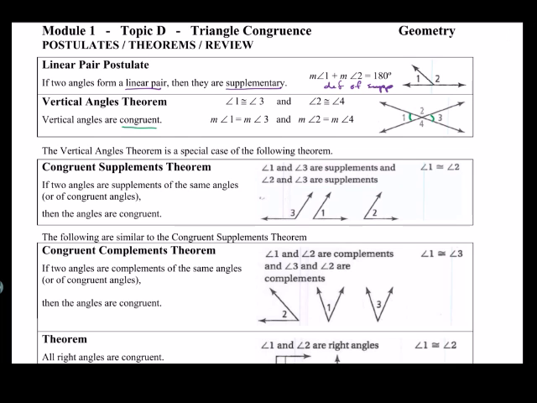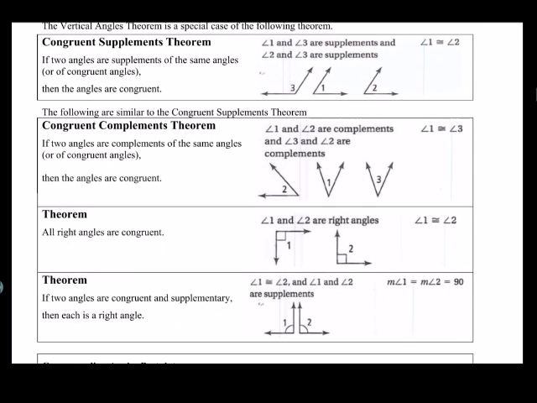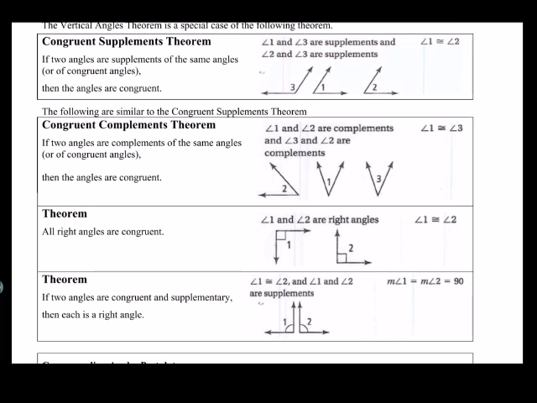And some new theorems for us here. Vertical angles theorem is just a special case of the congruent supplements theorem. So this says if two angles are supplements of the same angle or of congruent angles. So let's look what we have.